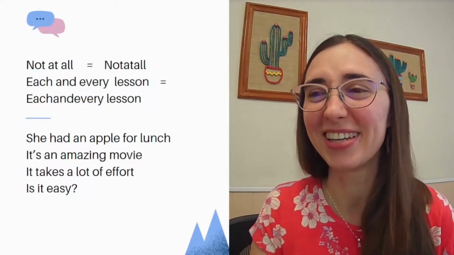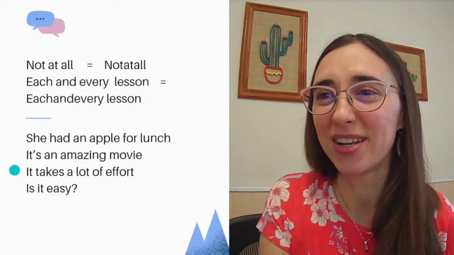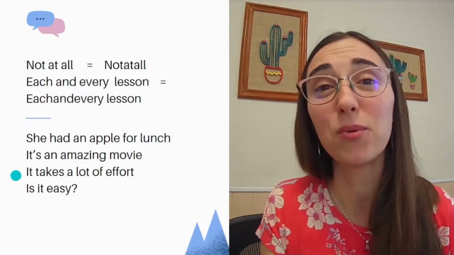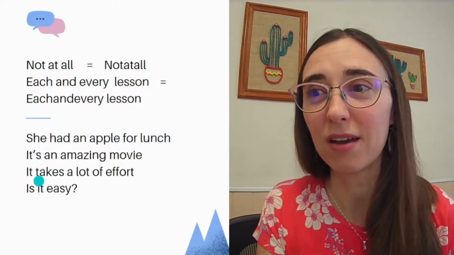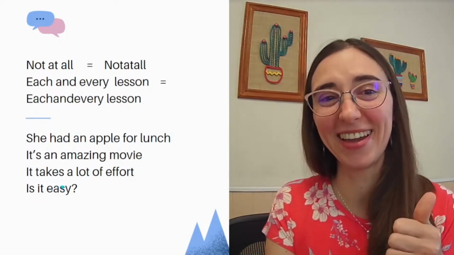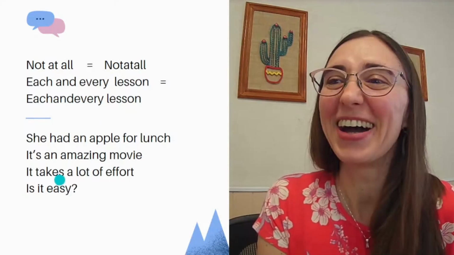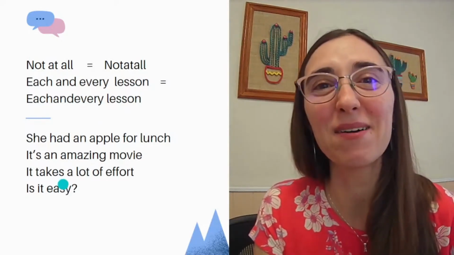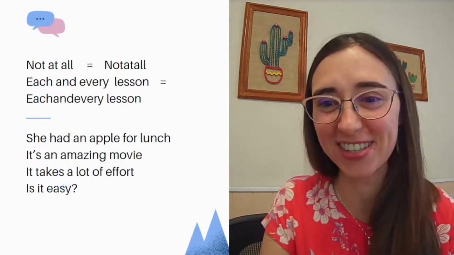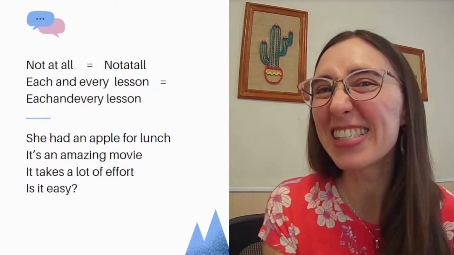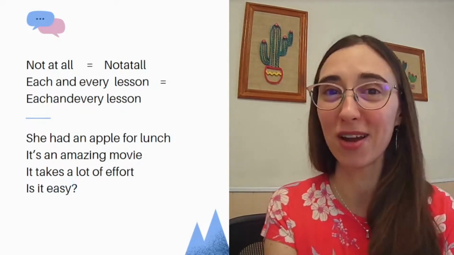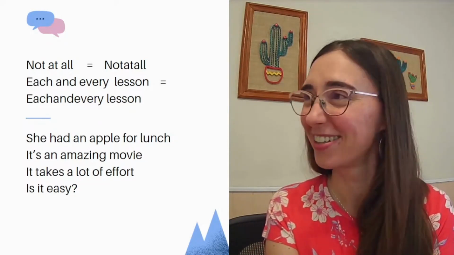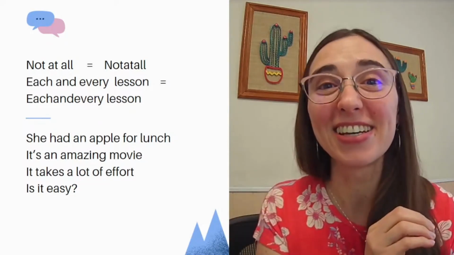Okay, let's move on to another example here, the one that says "It takes a lot of effort." Here we have another example of a word finishing in a consonant. Here it says "takes", and the other one, "a". So how should you say that? Try it first before I say it. It takes a.